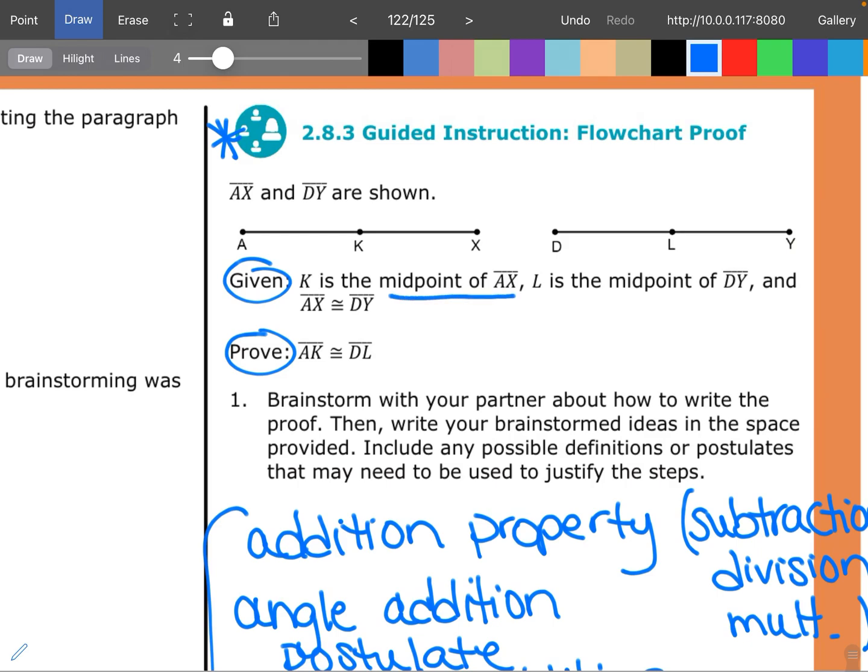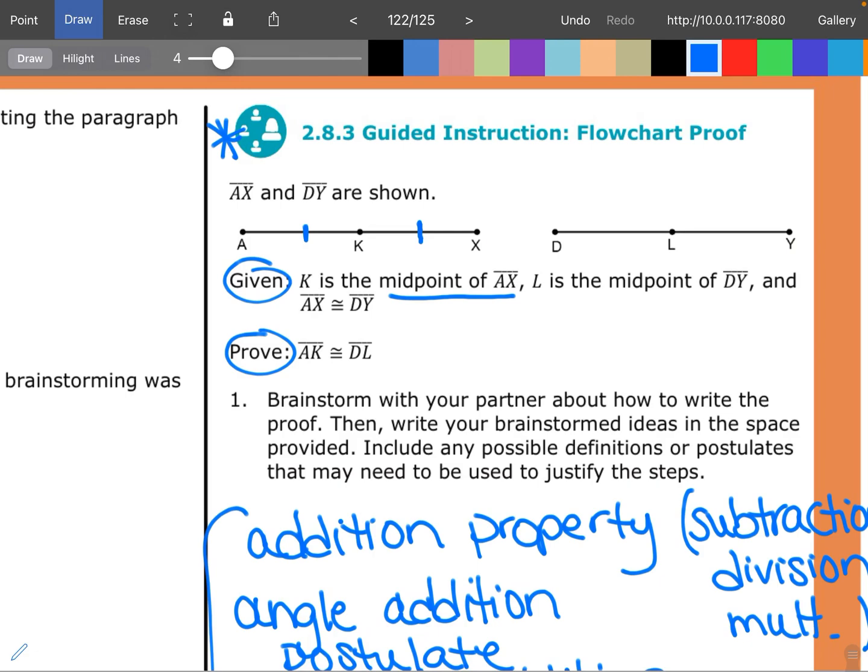Now, what does it mean if we have a midpoint? Well, a midpoint is in the middle of the segment, which means that it's cutting that segment into 2 congruent or equal halves. So I know that AK is congruent to KX. I know that by what is it that tells me that? That would be the definition of a midpoint. That's what a midpoint does.